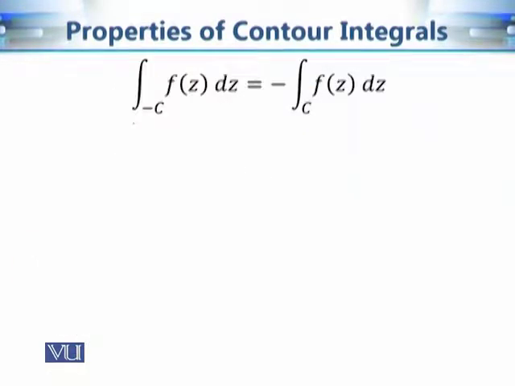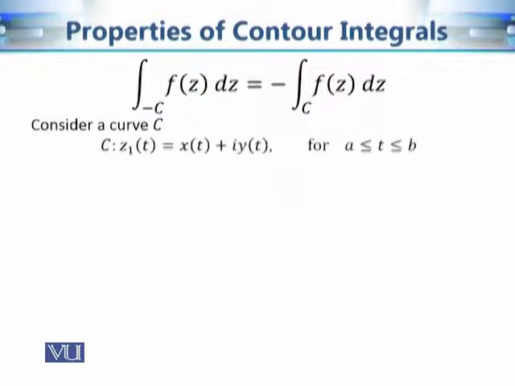Let's see how to prove this property. What do we want to prove? If we have a complex valued function f of z, and we integrate it along the contour minus C, then it is going to be equal to the negative of the integral of f of z along the contour C. Now consider this parameterization of the curve C, which is z1 of t equal to x of t plus iota y of t, where the parameter t varies from a to b.